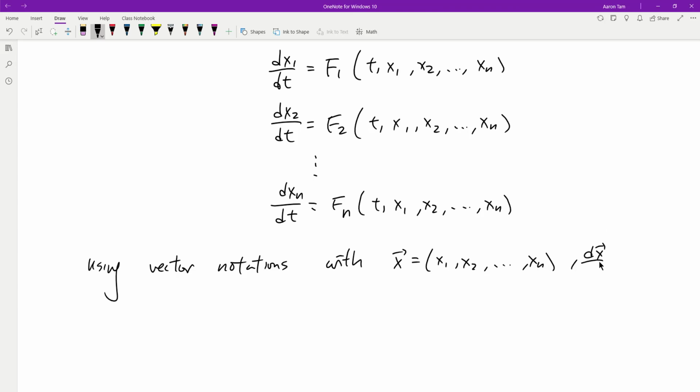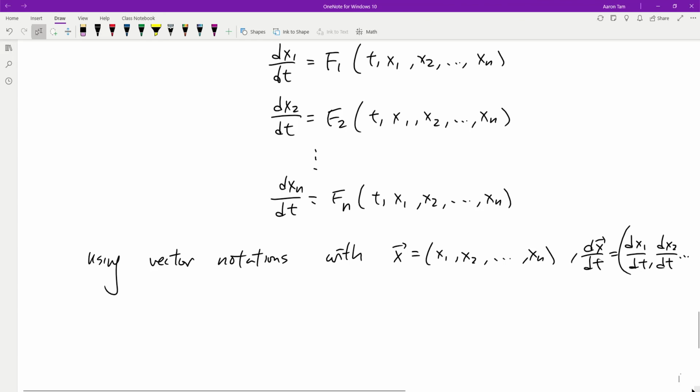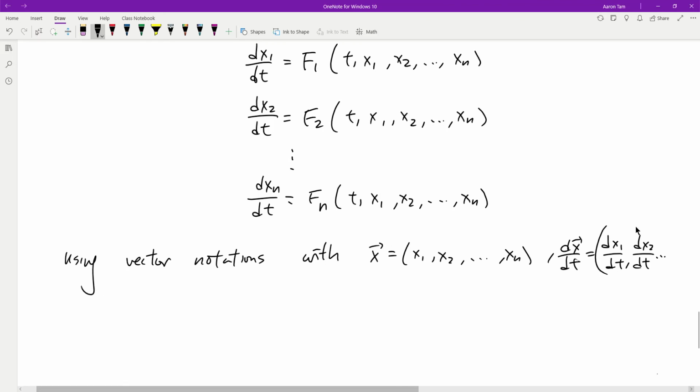D vector x over dt would equal basically (dx1 over dt, dx2 over dt, dot dot dot to dxn over dt).